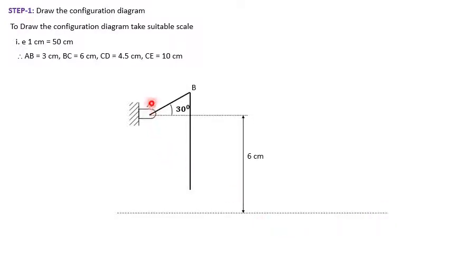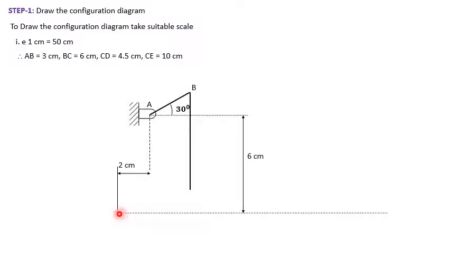Next, again from the same point A, draw another reference vertical line in the downward direction. I am going to use this line for fixing another point, point D. From this vertical line I will measure 2 centimeter, and draw another vertical line till it touches the reference horizontal line.